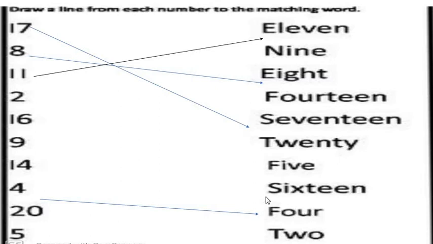FOUR, 4. Now what? Imagine which number will come now? Which number ma'am is going to match? 2. Number 2, match it with the spelling. TWO, 2. What is the spelling of 2?